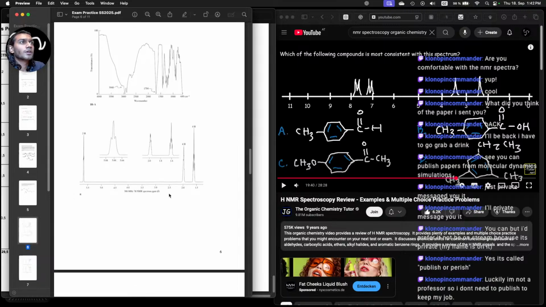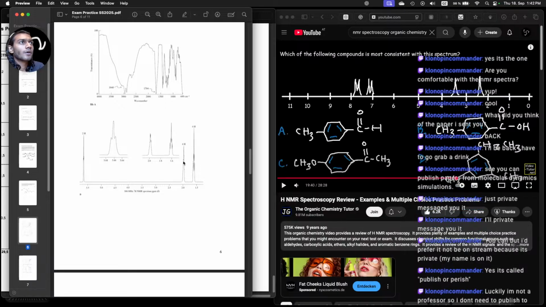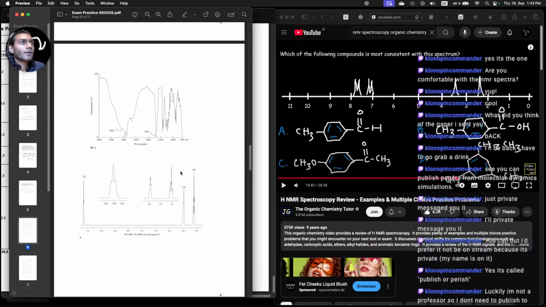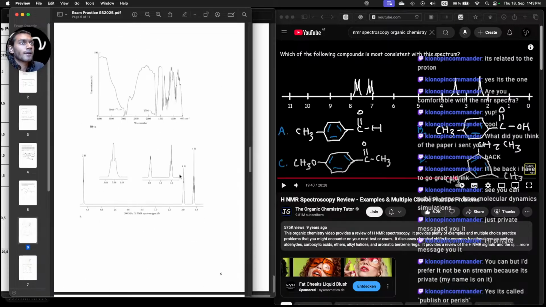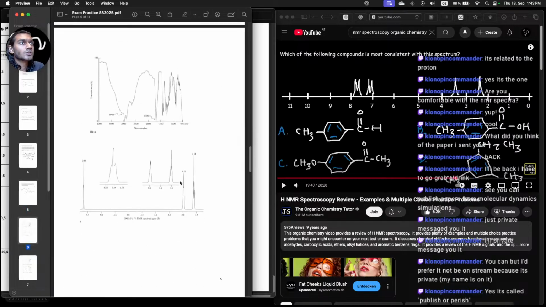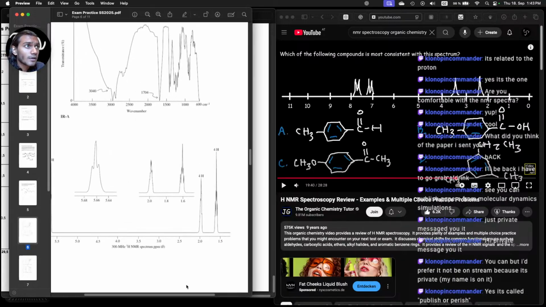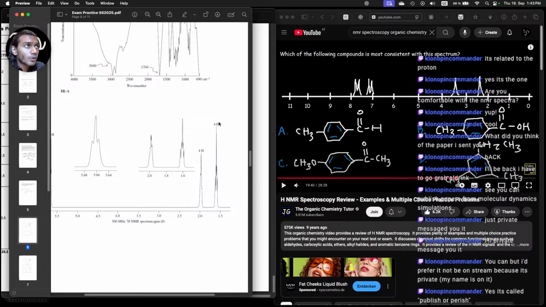300 megahertz HNMR spectro. Now, let's just say I do somewhat understand these. So we got 4H, one slit around 1.6, and we got one slit at 2 for hydrogen.